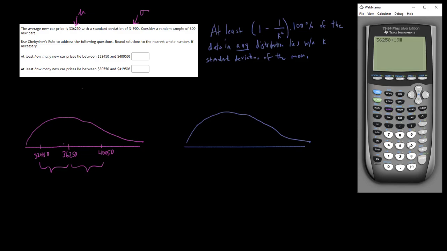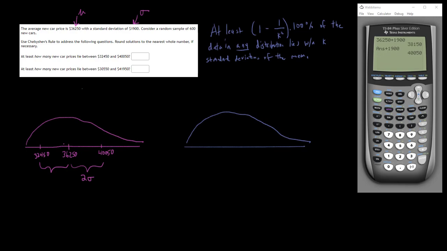Well, if the standard deviation is 1,900, if I add 1, I get 38,150, which is not what I need. I need 40,050. So if I add another 1,900, another standard deviation, what happens? Oh, yep, I get 40,050. So turns out this distance right here, I had to add the standard deviation twice, so it's 2 standard deviations.